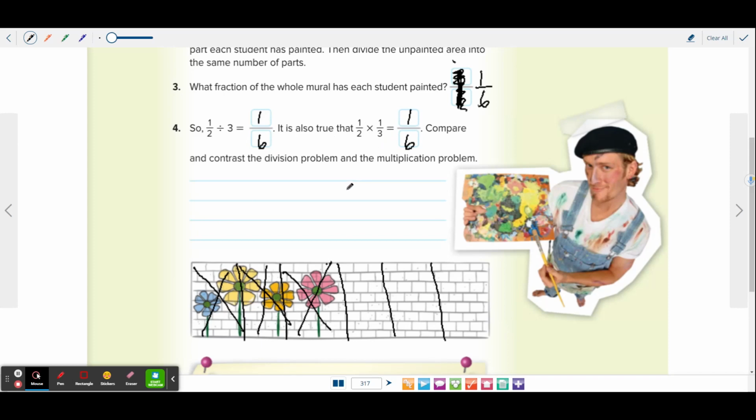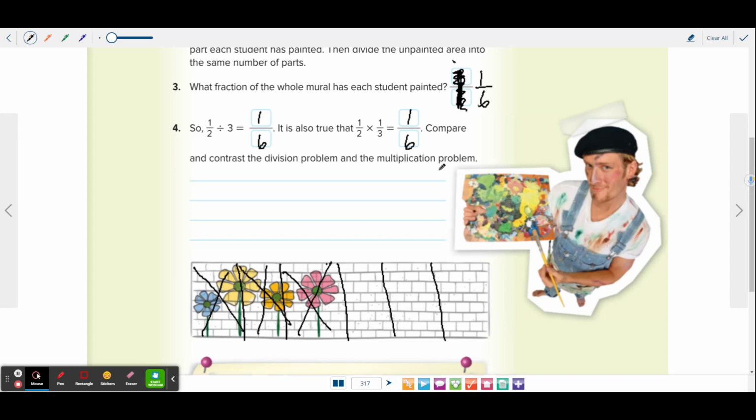Do you guys remember that word, reciprocal, the upside down or the opposite of that number? So it says compare and contrast the division problem and the multiplication problem. They're the same answer, right? Because the reciprocal of 3 is 1/3. So when we use the reciprocal, then we are doing the same thing.